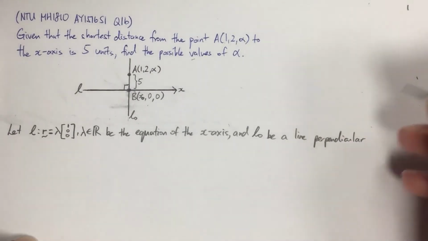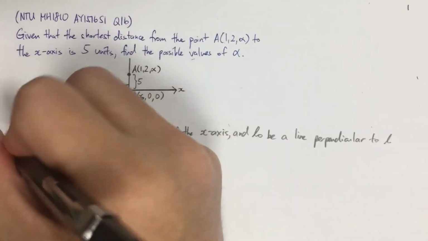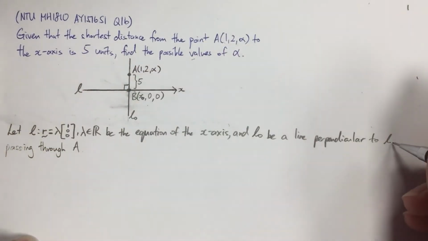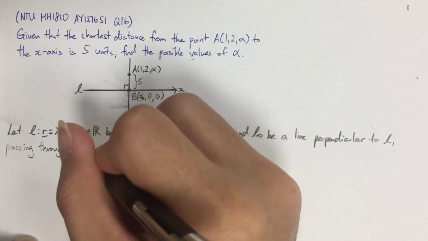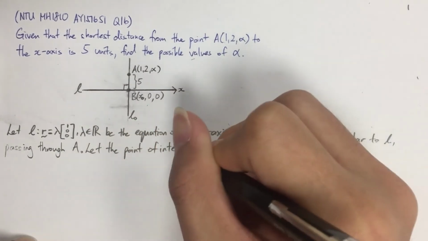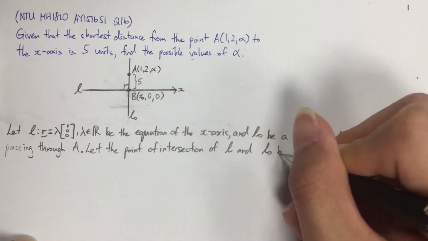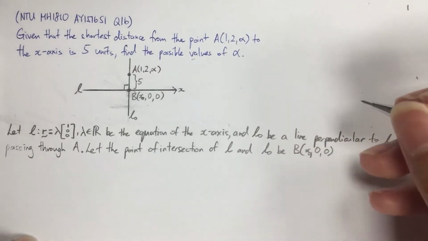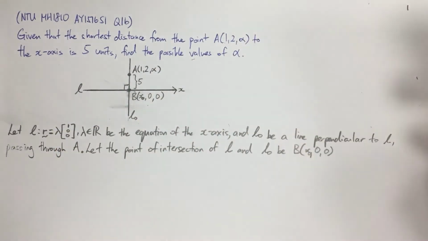L0 is a line perpendicular to L, passing through A. Then we define B: let the point of intersection of L and L0 be B, which is (x0, 0, 0). This is just writing what we figured out in words from the diagram.